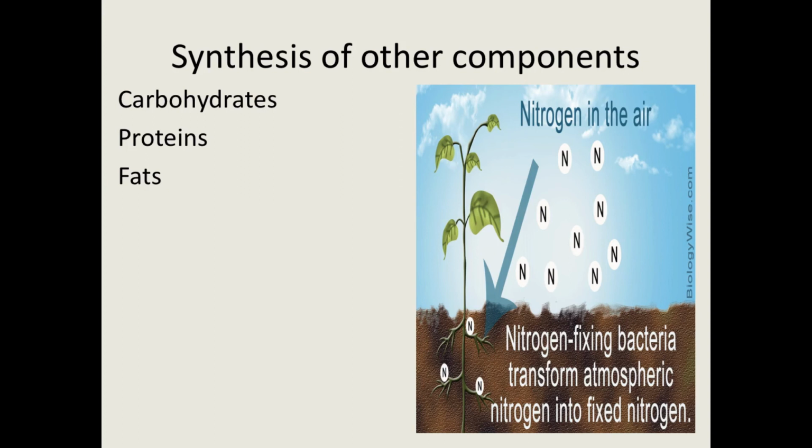Once the nitrogen has been fixed by the nitrogen fixing bacteria into inorganic form in the soil, the plant is capable of absorbing it with the help of its roots. With this inorganic form of nitrogen, the plants can produce proteins.